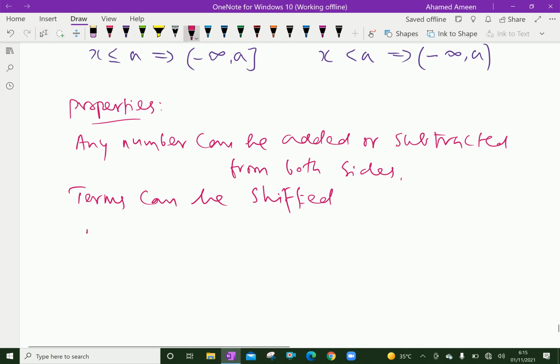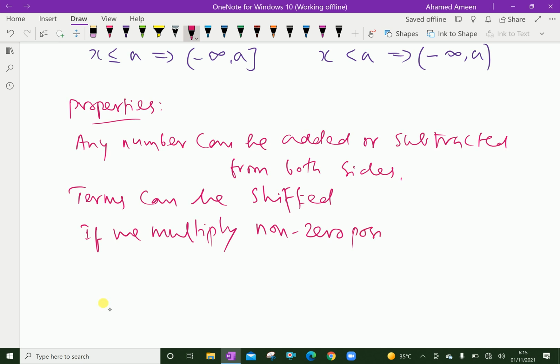If you multiply by a negative number, the sign of inequality will change.